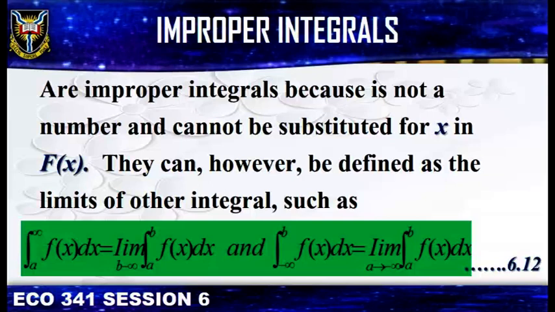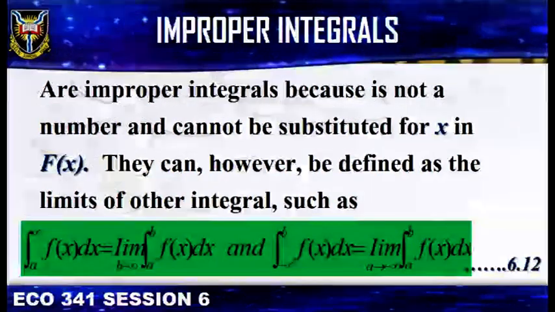They can, however, be defined as the limits of other integrals, such as integral f of x dx, upper limit infinity, lower limit a, is equal to the limit as b approaches infinity of integral f of x dx, upper limit b, lower limit a, and integral f of x dx, upper limit b, lower limit minus infinity, is equal to the limit as a approaches minus infinity of integral f of x dx, upper limit b, lower limit a, equation 6.12.